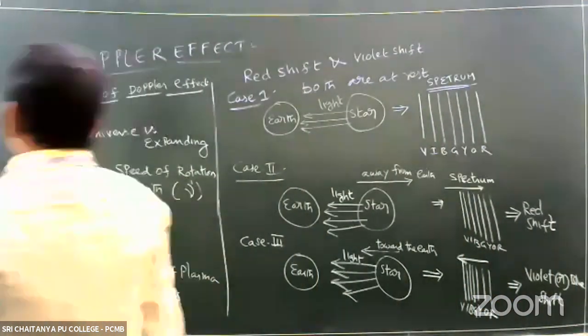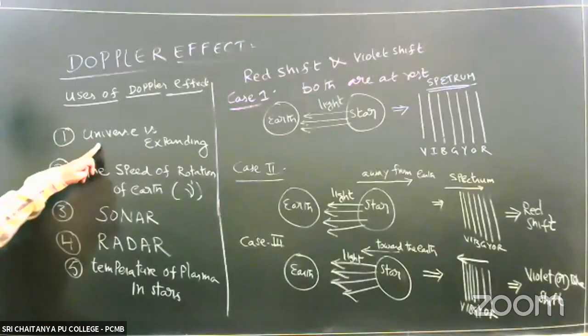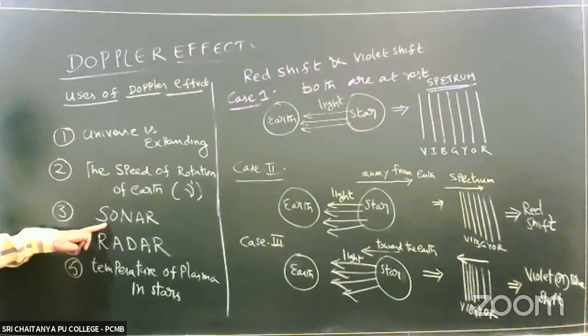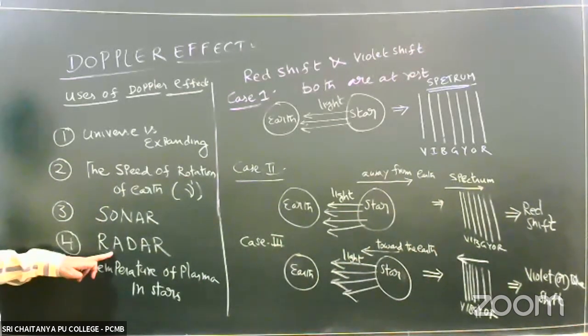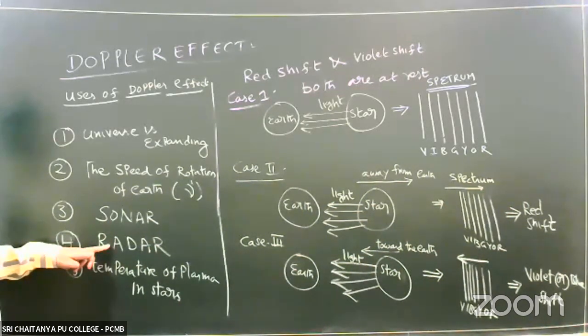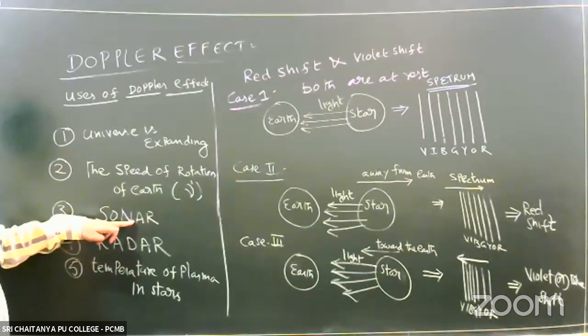The first one, we can say that universe is going to expand. The speed of rotation of the earth can be found out. It is used in sonar and radar. Sonar to find out submarines, position, velocity, direction of motion.